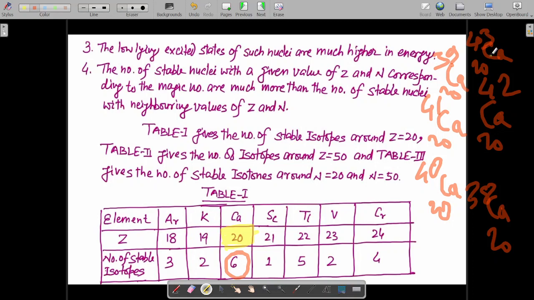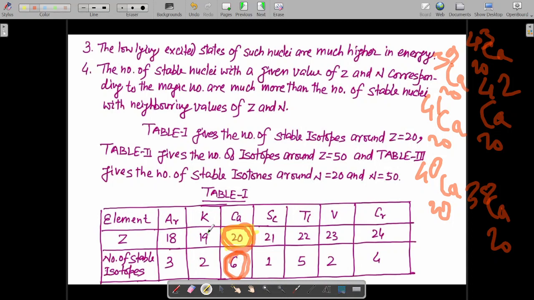These are the 6 stable isotopes for calcium, as 20 is a magic number.